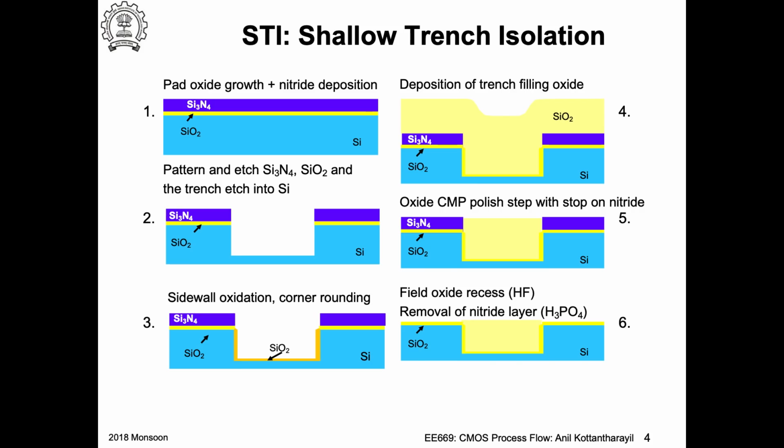So essentially you remove all kind of contamination from the wafer surface, and you grow a silicon dioxide, which is called a pad oxide, and this would be approximately 15 nanometers. All these numbers can vary from one technology node to another, and maybe from even one company to another. So all these numbers are typical numbers.